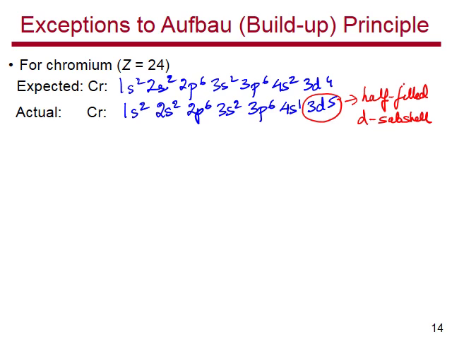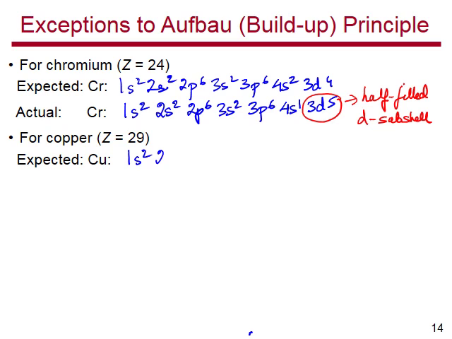Alright, now let's consider the case for copper. Copper has an atomic number equal to 29. Now again, based on the build-up principle, the expected configuration is 1s2, 2s2, 2p6, 3s2, 3p6, 4s2 and 3d9.